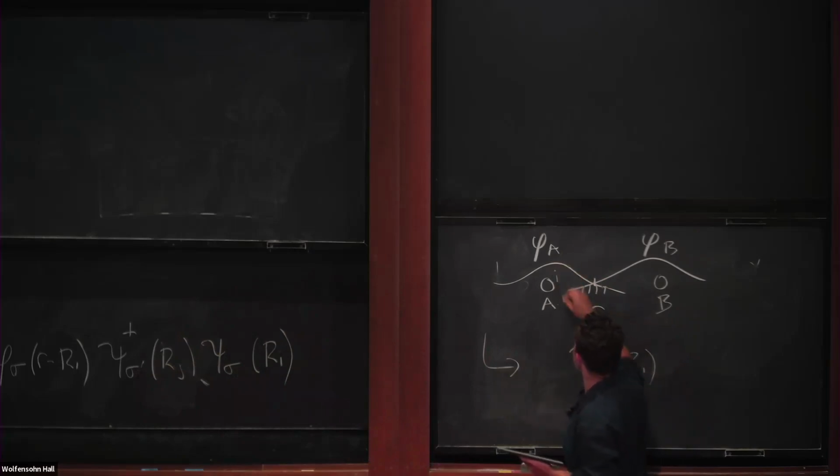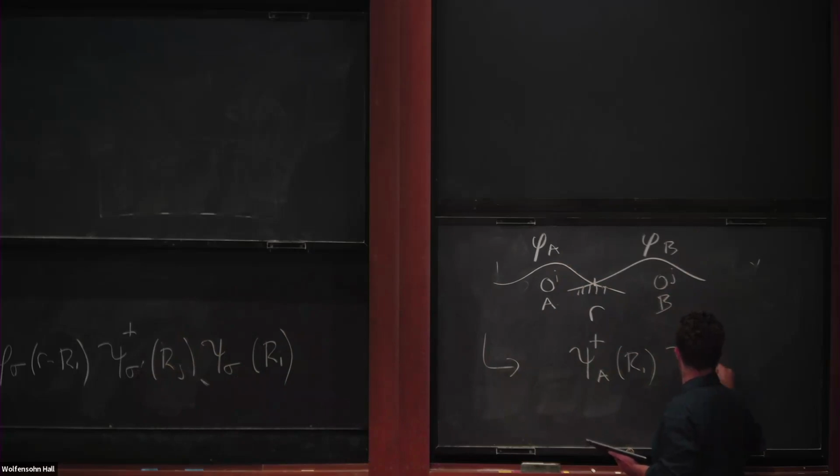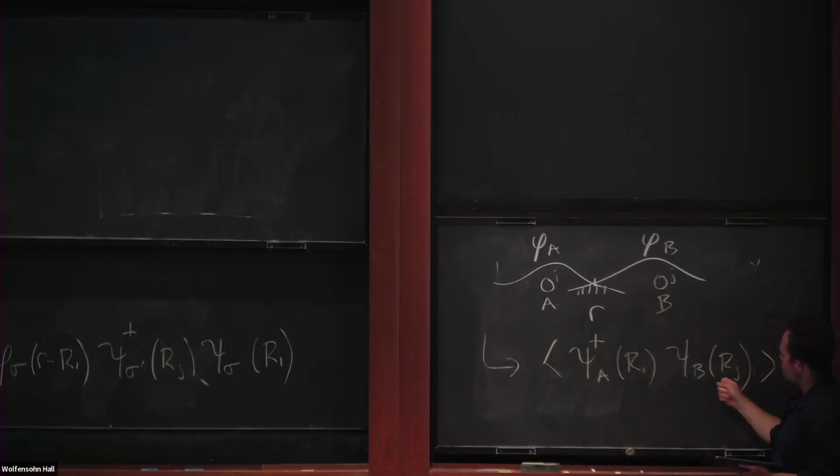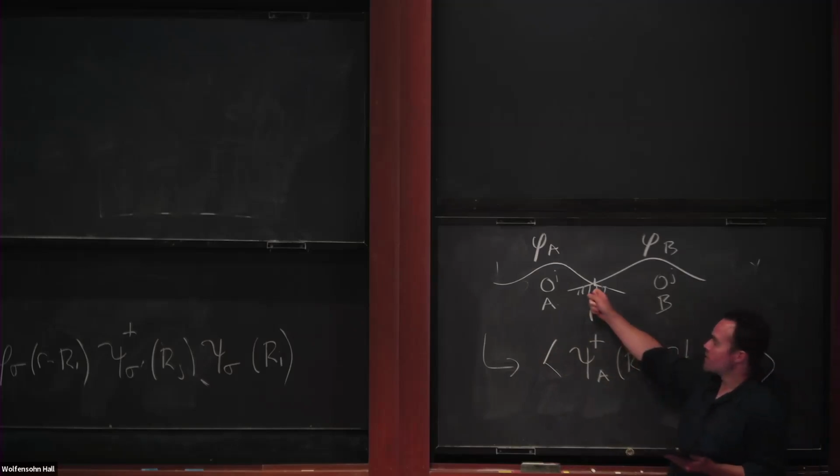This one is site i. This one's site j. Okay. So what that means is that when you have your tight binding model, if you look at an expectation value between the two sublattices, if this takes on an expectation value, it corresponds to some increase or decrease of the density on the overlap region between the two bonds.